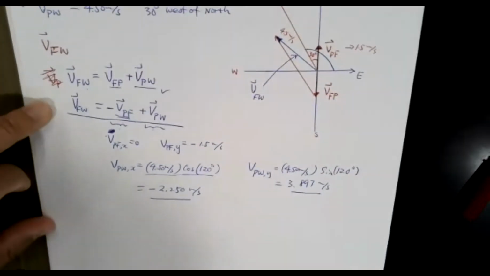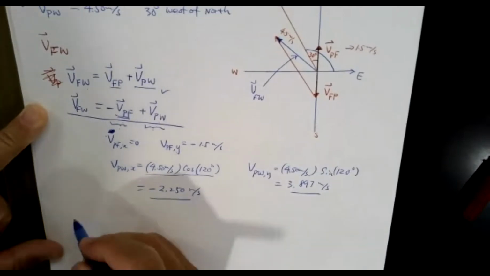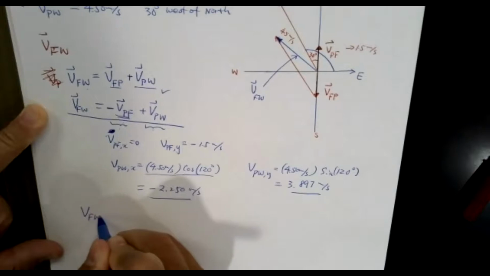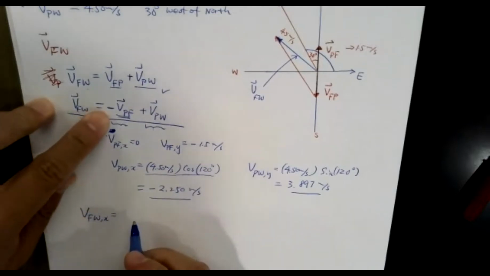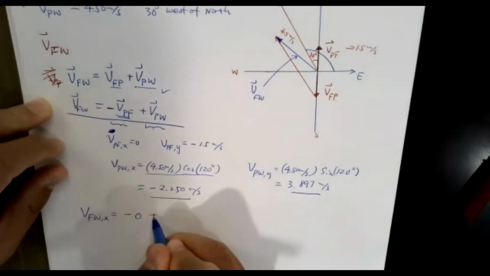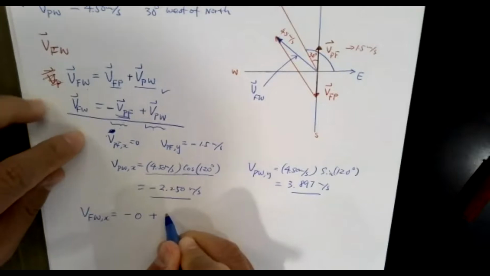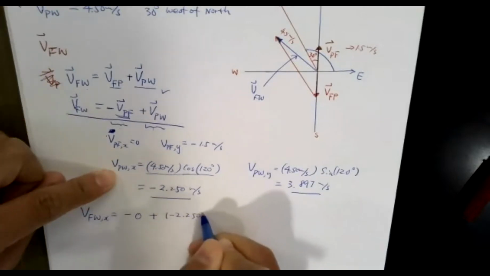So then for the resultant vector of the ferry with respect to water, v ferry water, its x component will be, now you take care of the sign here, negative of the first one, negative of 0, plus the second one, the x component of the second one, negative 2.250 meters per second.